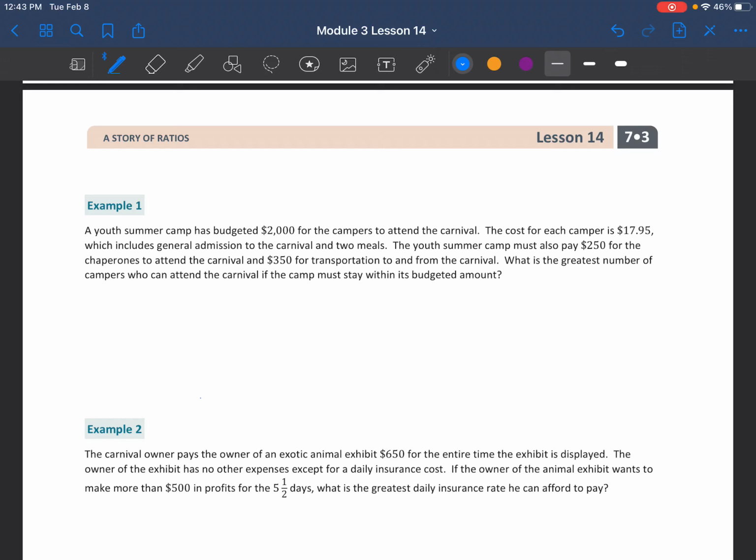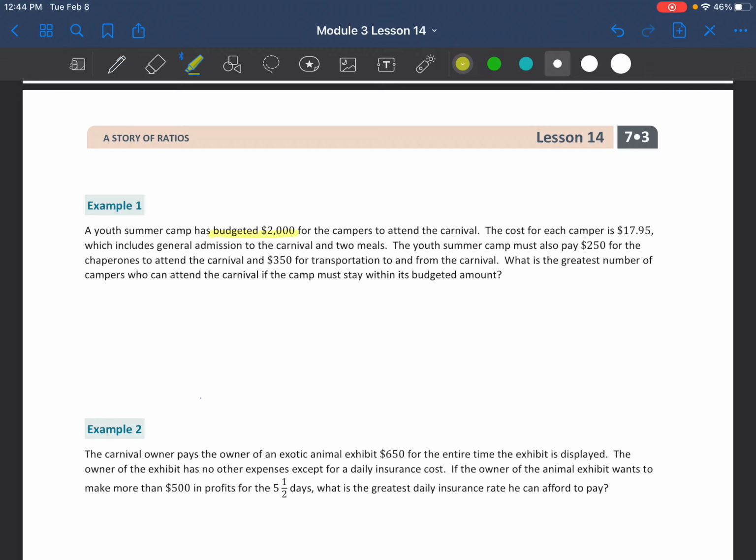All right, let's go look at example number 1. A youth summer camp has a budget of $2,000 for the campers to attend the carnival. The cost of each camper is $17.95, which includes general admission to the carnival and 2 meals. The youth summer camp must also pay $250 for the chaperones to attend the carnival and $350 for transportation to and from the carnival.